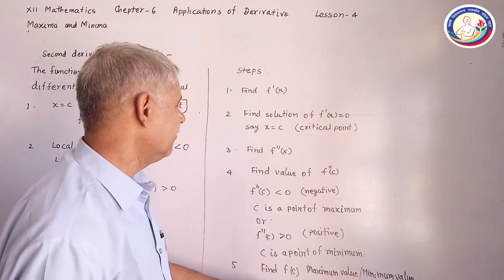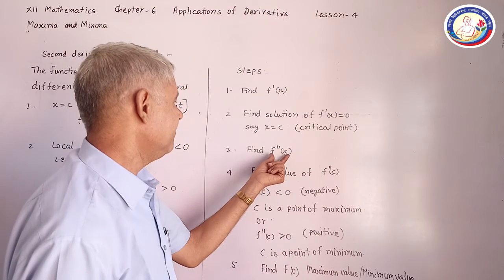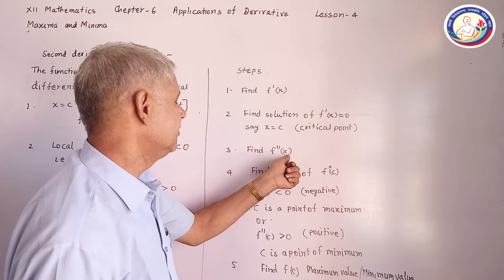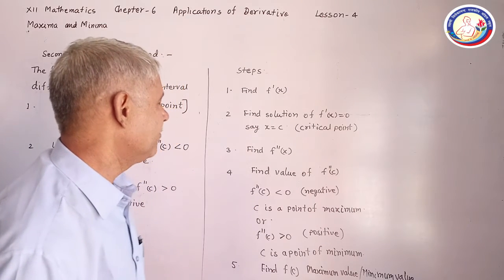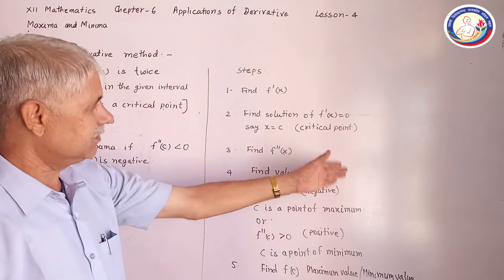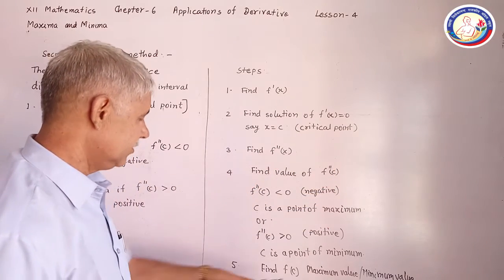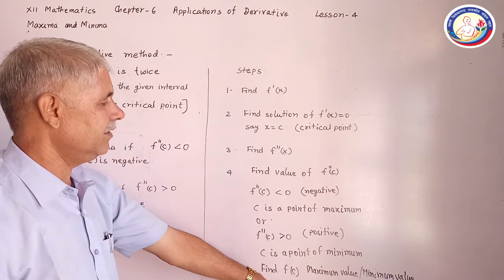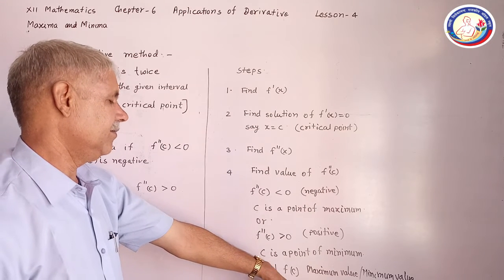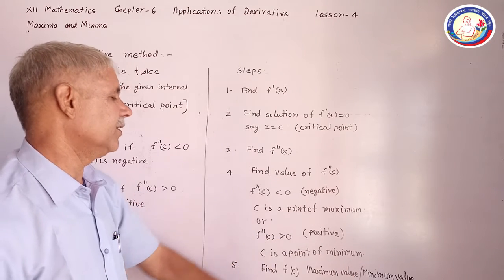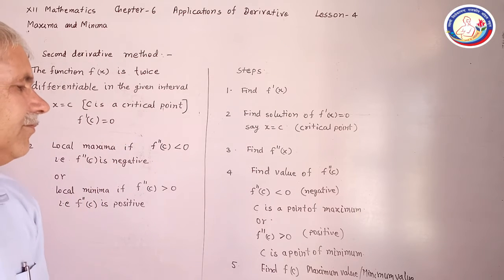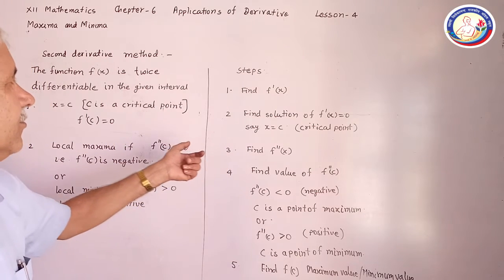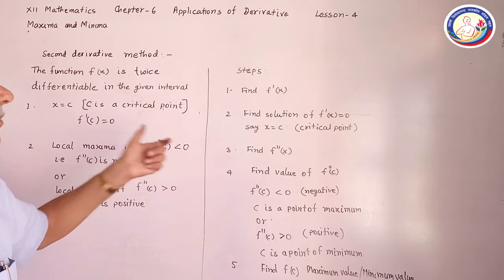And if it is equal to 0, that is, f double dash x is 0, then we say that the test fails here and we will proceed towards the first derivative method. So this is how we can find the maximum or minimum value of a function, and the points where the minimum and maximum value occur, using derivatives.